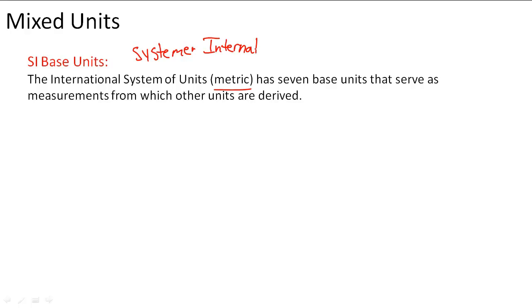In French this system comes before international, so that's why it's SI base units. It has 7 base units that serve as the measurements from which other units are derived. So the reason we can look at other units is because we have these base units that measure what is going on.